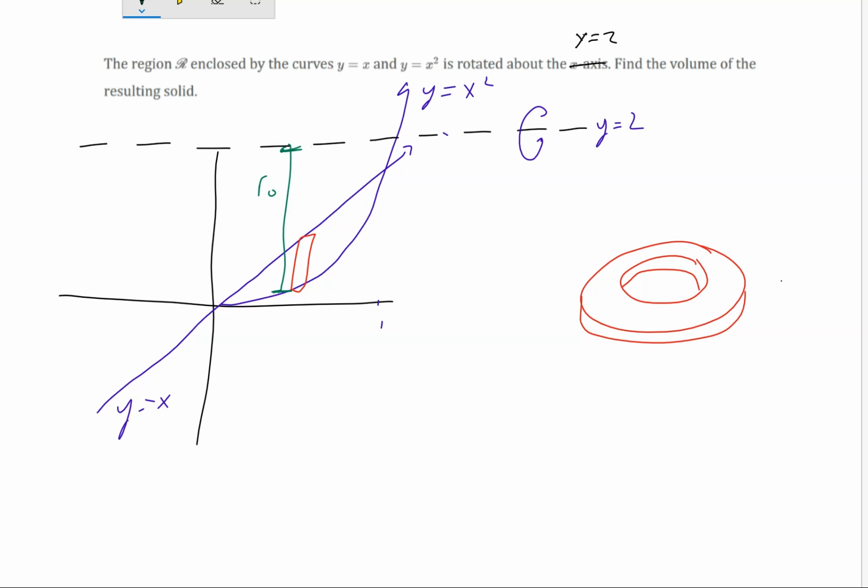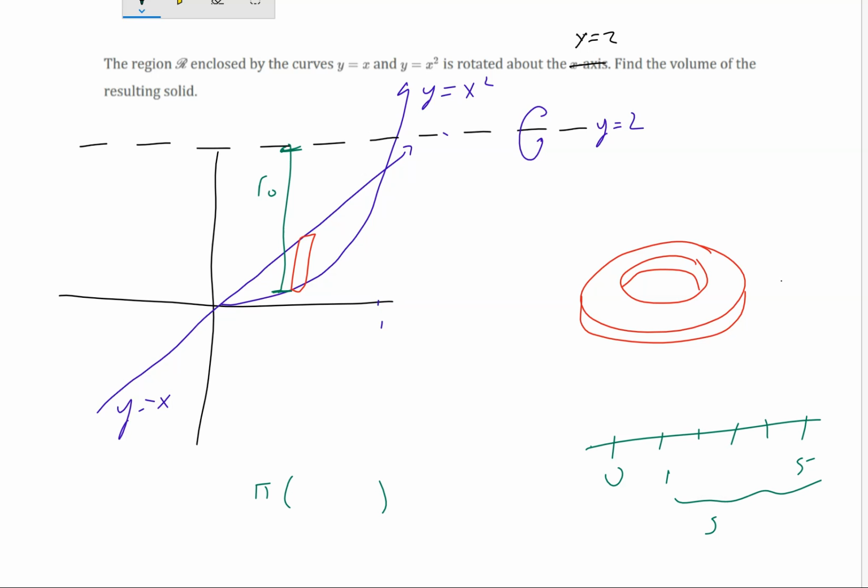Okay? So for that piece of it, our volume, we're going to have pi. Now, what is that distance? That's from 2 all the way down to this. And if you're trying to find it, just think about a number line, okay? Let's say we had 1 and 5. What would be the distance between 1 and 5?